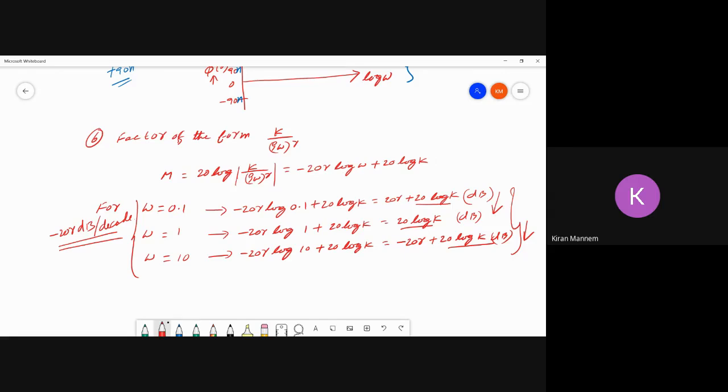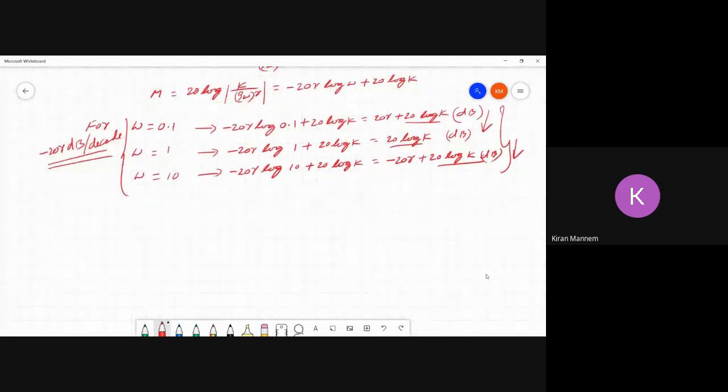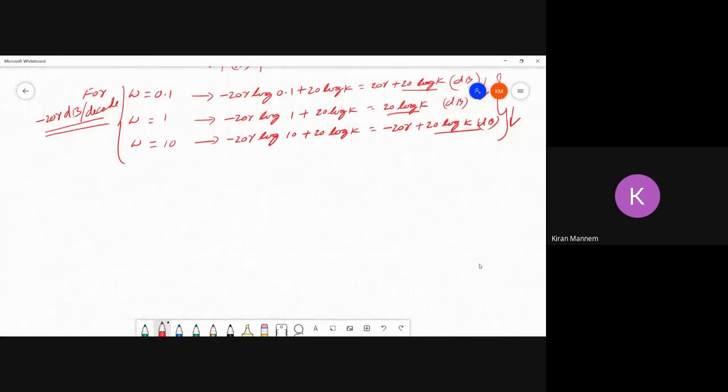So let us draw the Bode plot for this. But what about the line touching 0 dB? Any straight line will touch the 0 dB line, so let us find out the value where your straight line touches it.